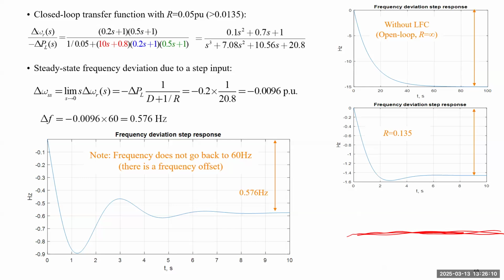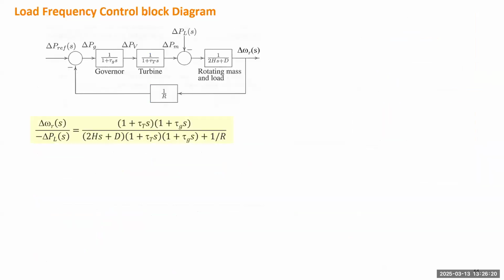But now you understand that for the simplified governor turbine, if we treat each component as a linear system, we already know how to design R. This slide is still valuable. If you know the total time constant for each component of the governor turbine, and you know the three equations, including inertia and the frequency sensitive load, you'll be able to design R or determine the range of R.